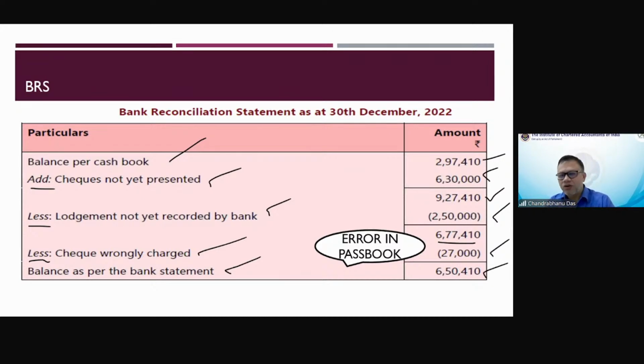So if there is any doubt here, you can ask me. So you had a doubt about how I will consider the check which is wrongly charged? You can show to the auditor, whenever showing the bank reconciliation statement, that this was the check which is wrongly charged. So the bank balance statement should be like this. So I think it is clear.